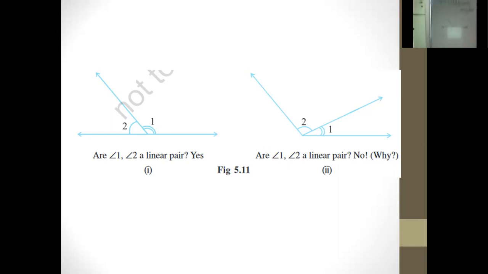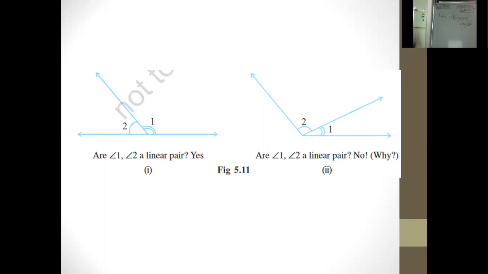Yes, what is the second condition? We are saying that in this case also angle 1 and 2 are making a linear pair. They already said no, but they asked for the reason why it is not.